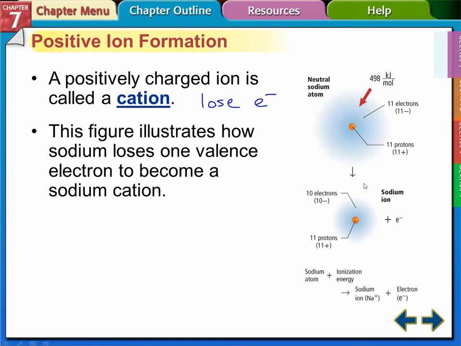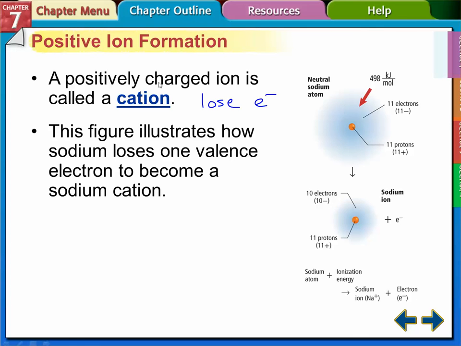It loses one of these electrons. And this is the ionization energy it takes to do that, in kilojoules per mole, but don't worry about that. So it forms this positive ion, and the chemical equation for it is here: the sodium plus the ionization energy creates a sodium ion and a free electron.